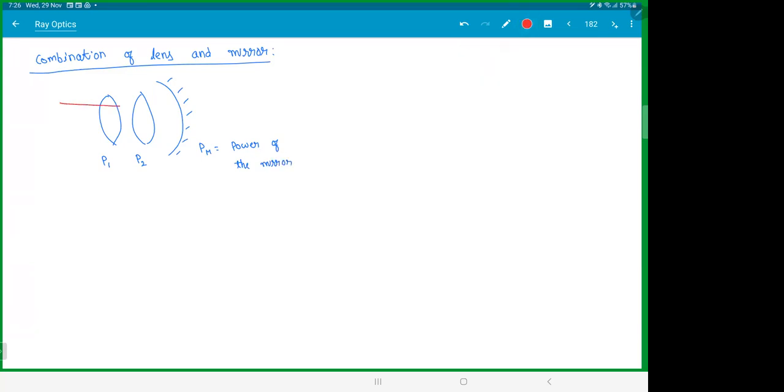So if a light ray enters and then leaves, if you see the number of refractions, it passes through each lens 2 times. So this can be treated as 2 lenses. Then it goes through a mirror. Then again it goes through 2 lenses. So the light ray will feel it has passed through 2 lenses, mirror, then again 2 lenses.